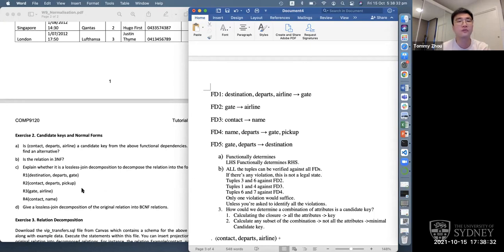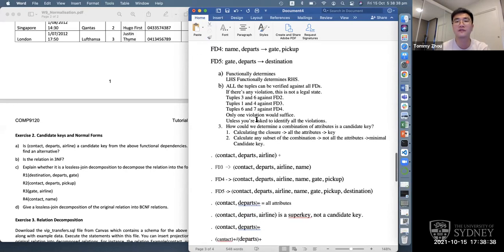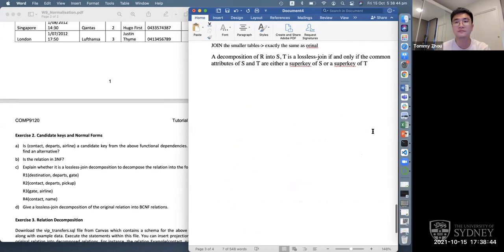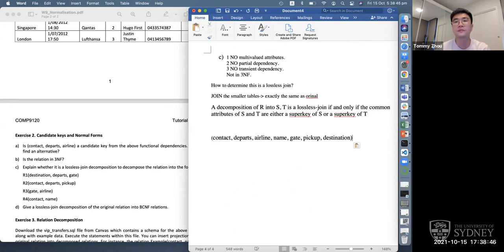What if we remove airline and name from all those attributes? What are the ones that are left? I'll just copy the original 7 and delete the ones we can get from the FDs, R3 and R4. That'll be airline and name.